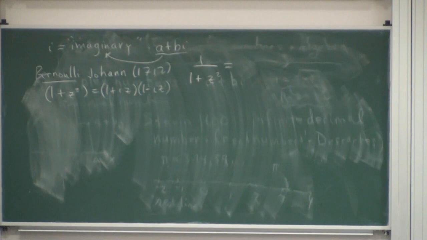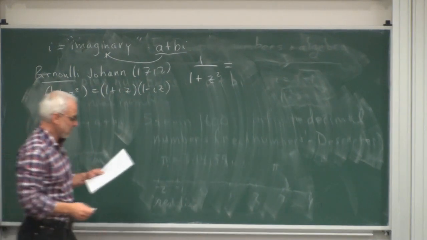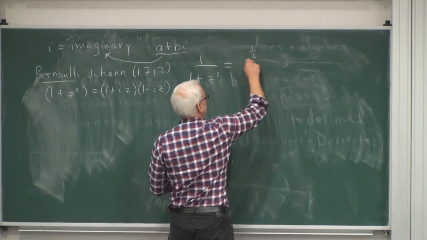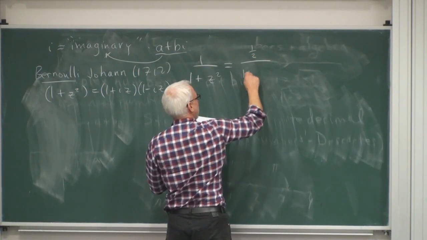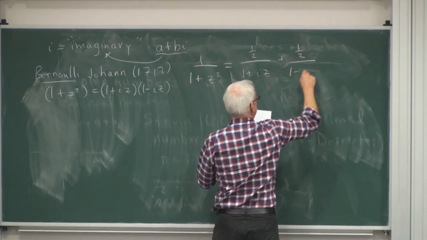It was a factoring that was possible using imaginary numbers that wasn't possible with real numbers. And so then you could use that to write a partial fraction decomposition of this, to write it as 1/2 over 1 plus iz plus 1/2 over 1 minus iz.